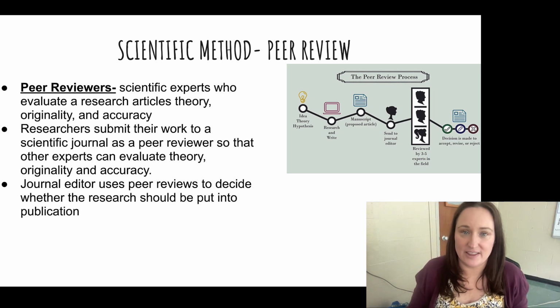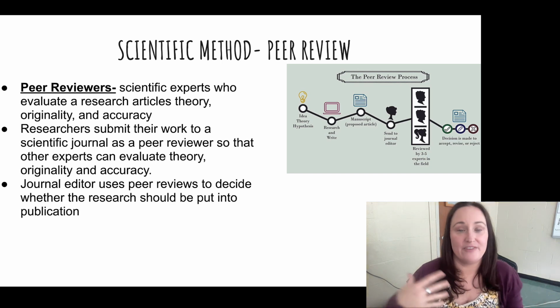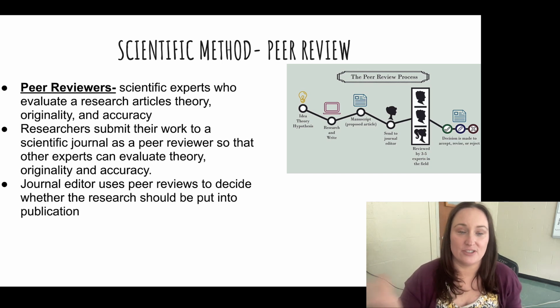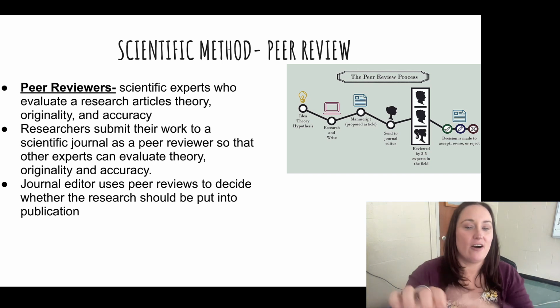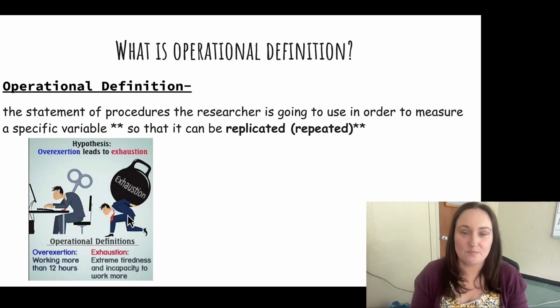Like if someone's already said this before and you're not giving anything new, that can be an issue. Or it's inaccurate, or you're using data incorrectly, or your data isn't doing what you're saying it's doing. Then for all of those reasons, it could be edited. So it goes through a peer review process.